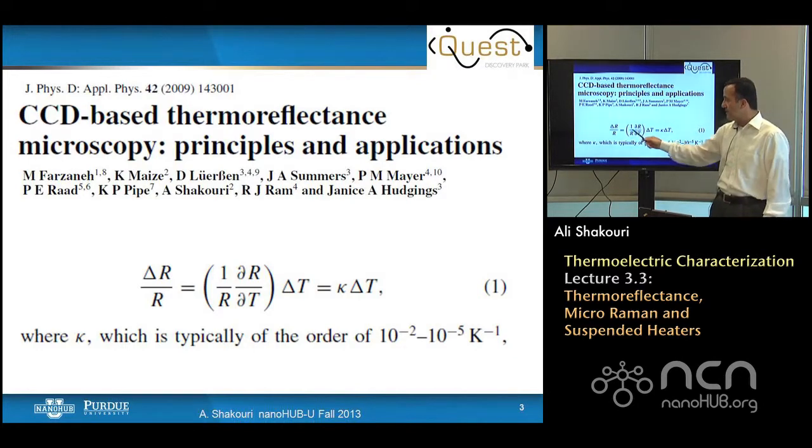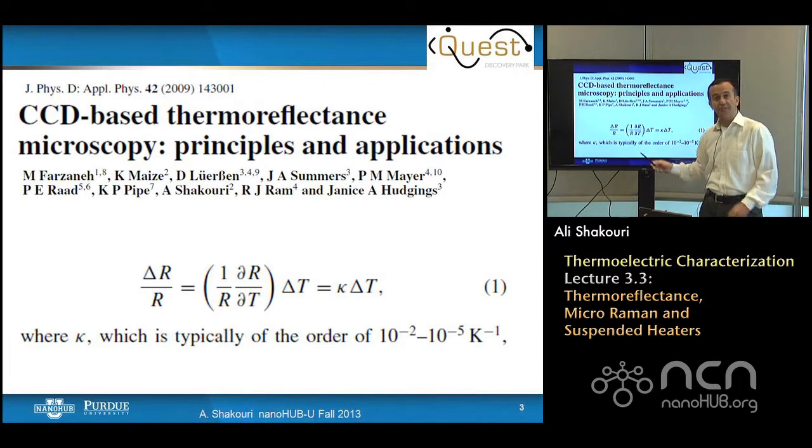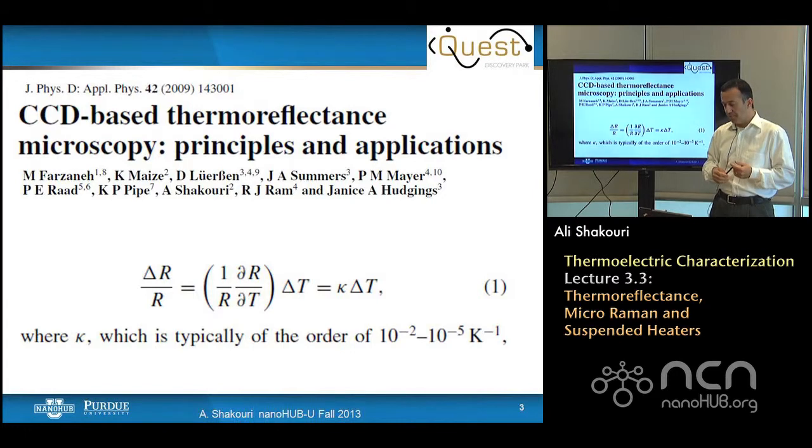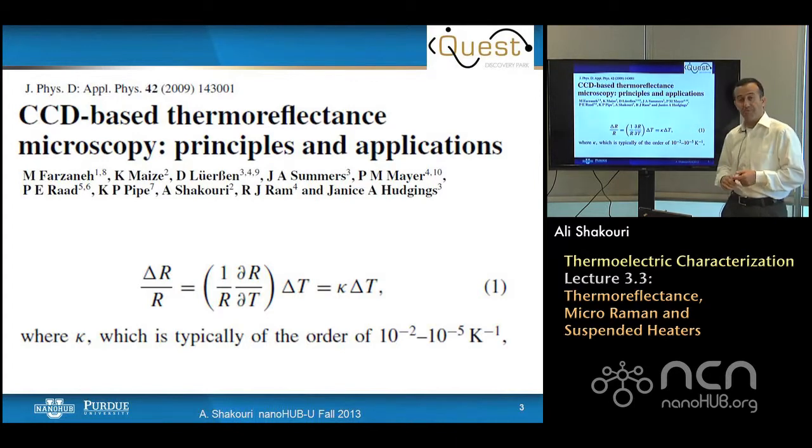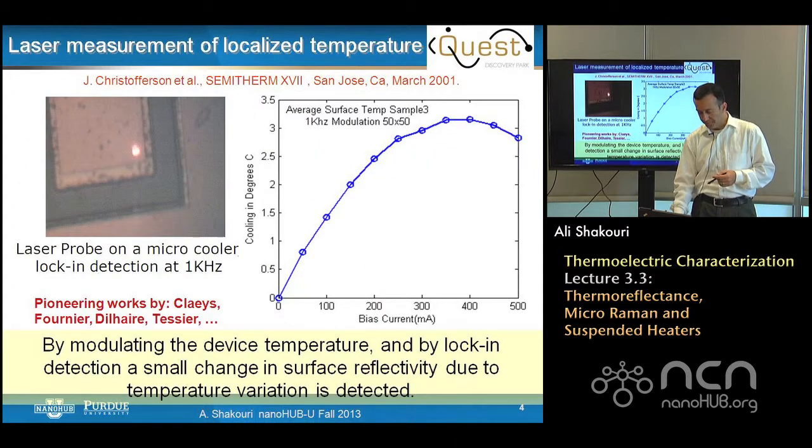The basic idea is that the change in reflection is directly proportional to the temperature by a thermoreflectance coefficient, which is a material property that comes because the material's index of refraction, band gap, and other optical properties change with temperature. But again, it's a small effect, 10⁻² to 10⁻⁵ for most materials.